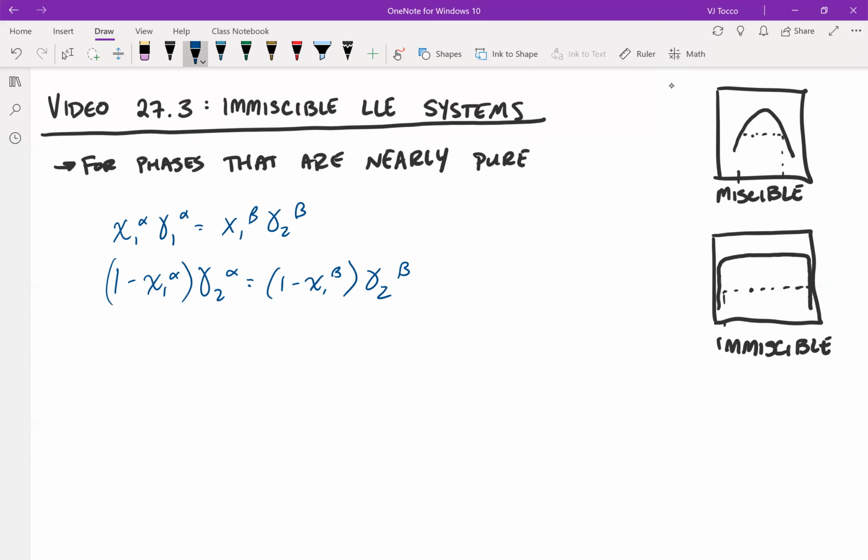Let's say that the alpha phase is rich in component 1, meaning that x1 alpha is going to 1 and x2 alpha is going to 0. And beta is the opposite, rich in component 2.